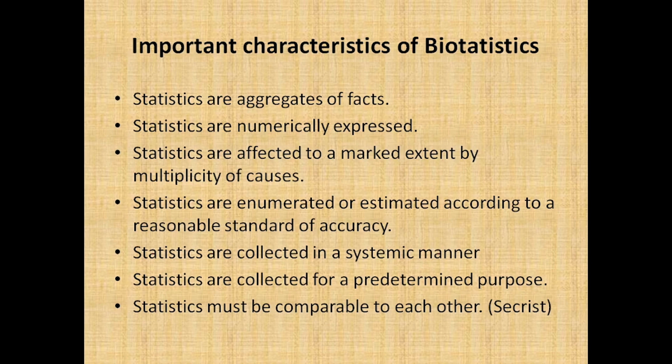Then it can be affected to a marked extent by multiplicity of causes. Various causes can affect these numbers. So as a researcher, you should know all those factors which are either dependent factors, independent factors, or the confounding factors. So in case of any research work, the medicine or the procedure or intervention is generally the independent variable, and the disease or the health status is the dependent variable.